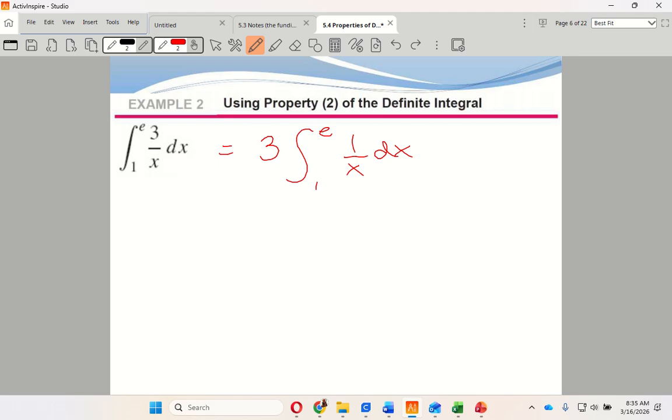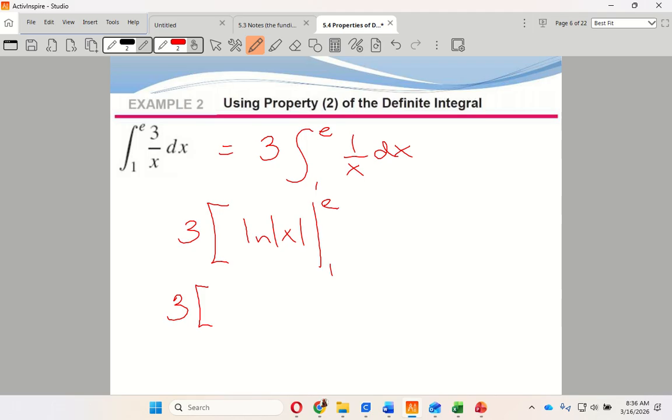All right, so that's going to be 3 bracket ln x, from 1 to e. So I'm going to have 3.